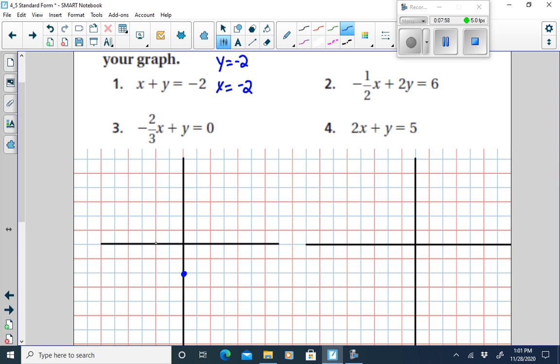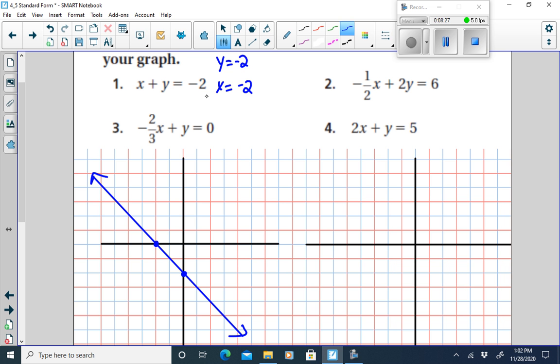We're going to have a point at x is -2. And we can draw our line right through those 2 points. And I could extend that line and move it just a little bit, and arrow here, and there's my graph for x plus y is equal to -2.